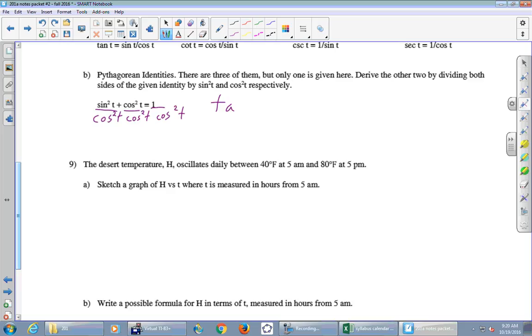That's tan squared, right? Sine over cosine is tan, plus cosine squared over cosine squared is 1, equals 1 over cosine, which is secant, right? And then that's squared. So there's another.